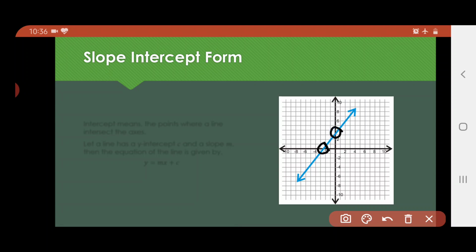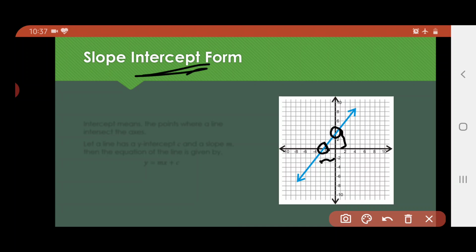The distance of the point where the straight line intersects the axis from the origin, this distance here and this distance here, these distances are called the intercepts.